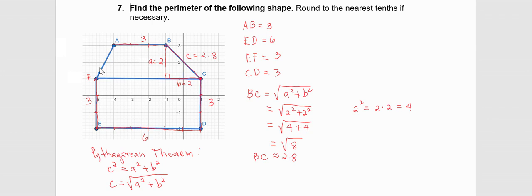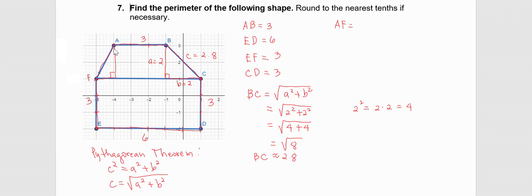To find the length of line segment AF, we again draw the right triangle by drawing a line segment that is vertical from point A, then horizontal to point F. So this is now the right angle.